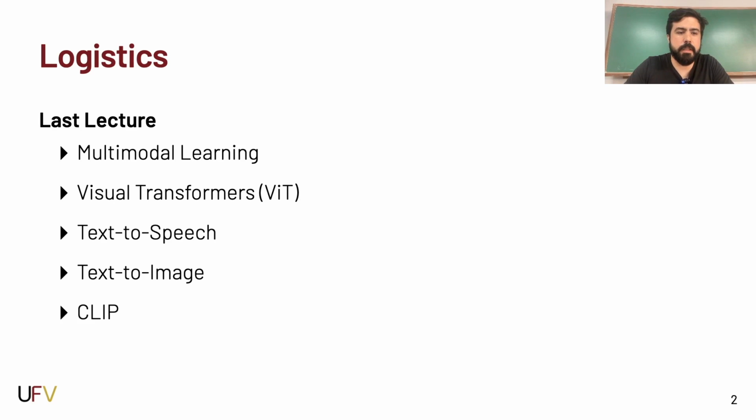So a long time ago, we were talking about multimodal learning, specifically with transformers. We saw how to model images as sequences with visual transformers. We saw that it splits an image into patches, and then pretty much uses the same architecture to learn visual data as sequences.